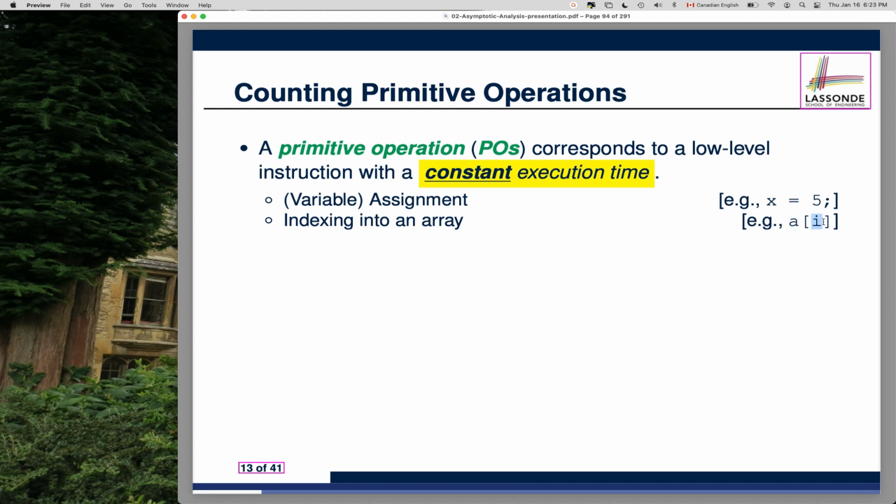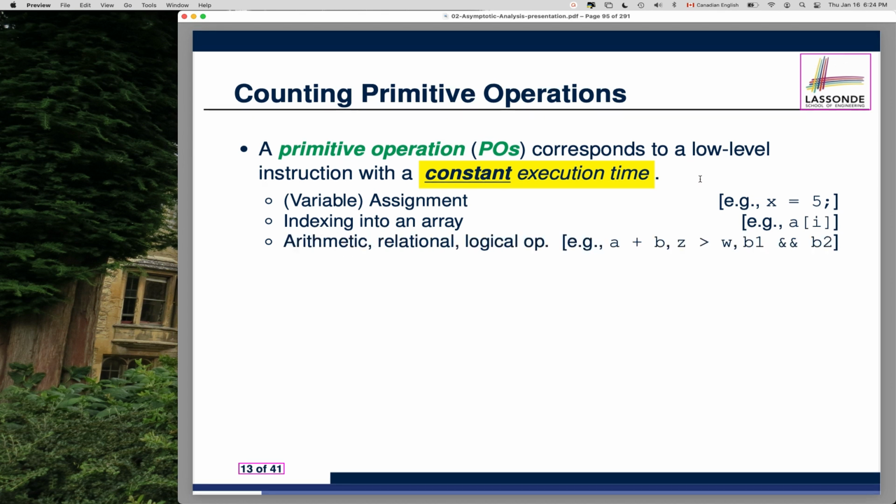For those of you who already took 2031 or 2032, you know that in order to get to some index of the array, you just calculate the offset of the address from location i, and then go there. So pretty efficient operation. So indexing into an array is also a primitive operation.